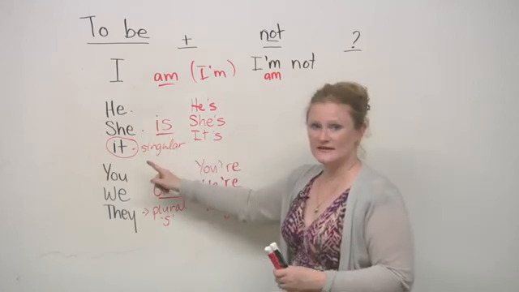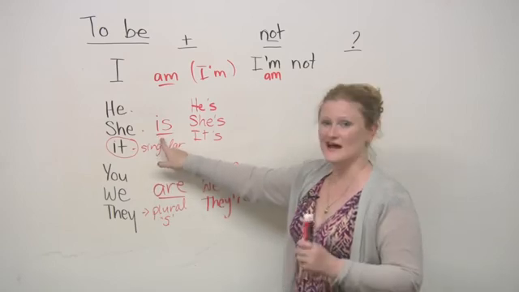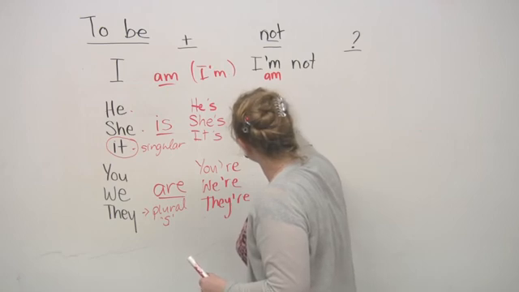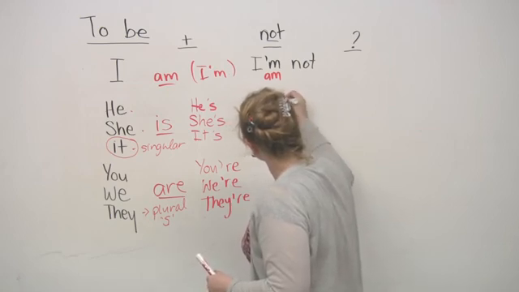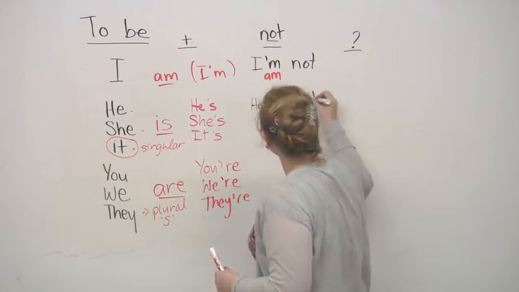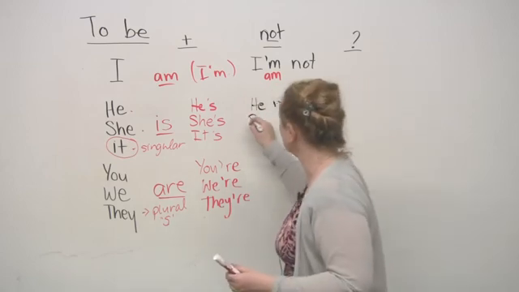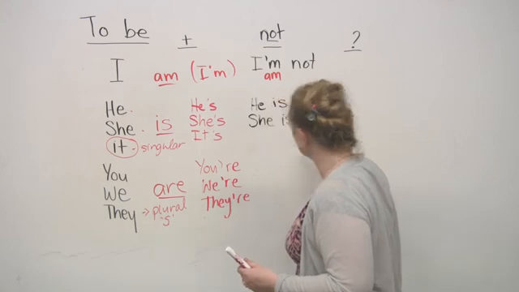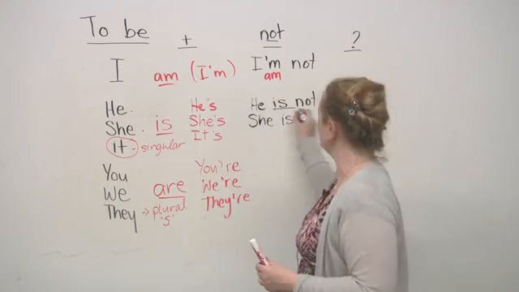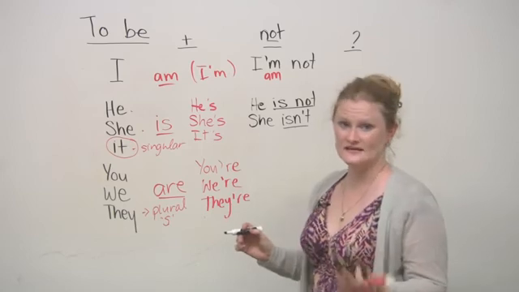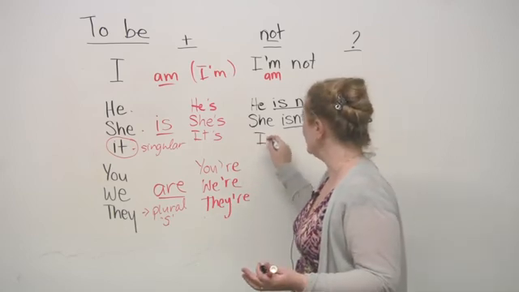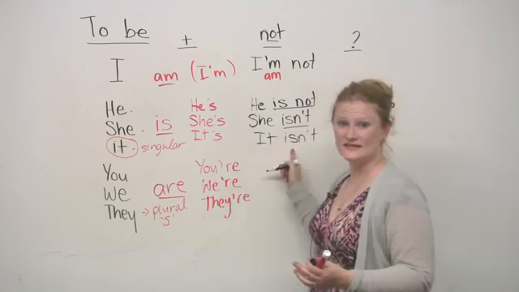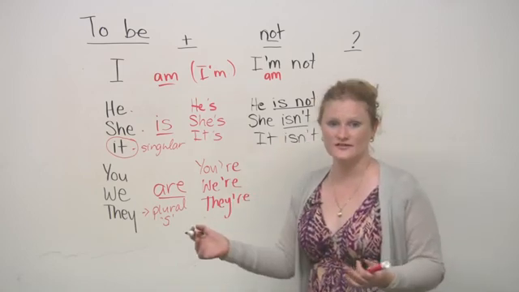For he, she, and it, all we're doing is adding not with is. So I'm going to write he is not, or you can say, she isn't. These two are exactly the same. And then you say, it isn't, or it is not.